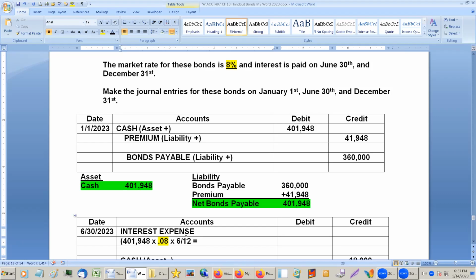And again, I'm going to round it off. All right, rounded, 16,778.